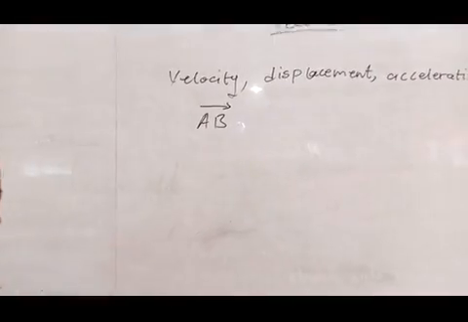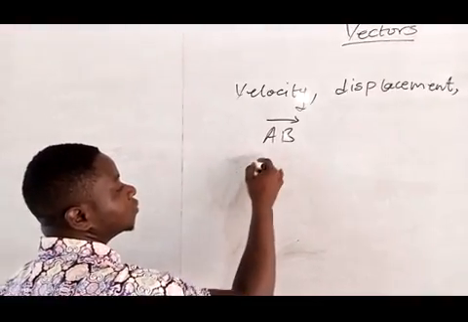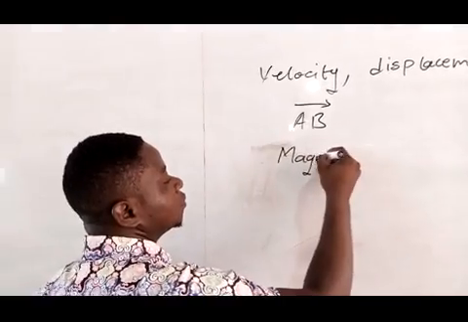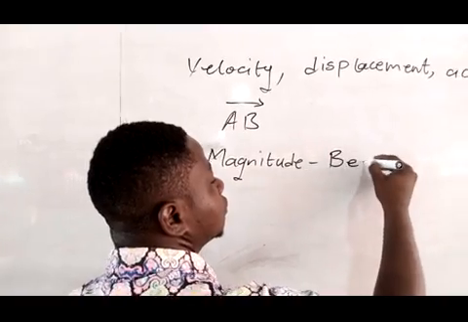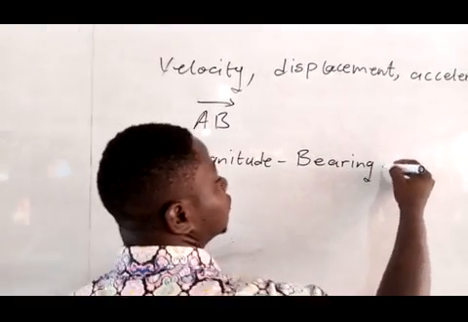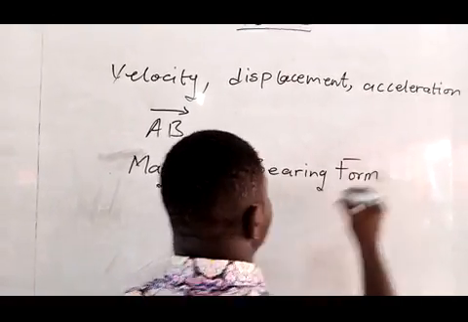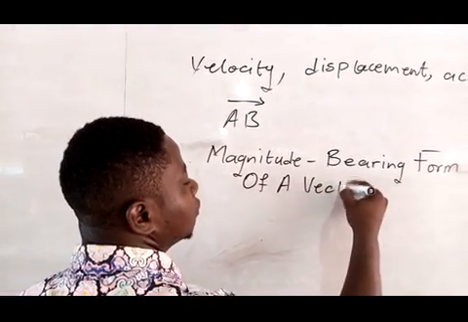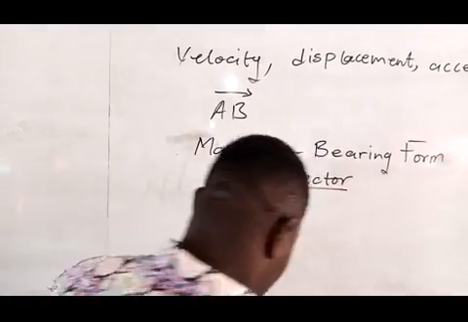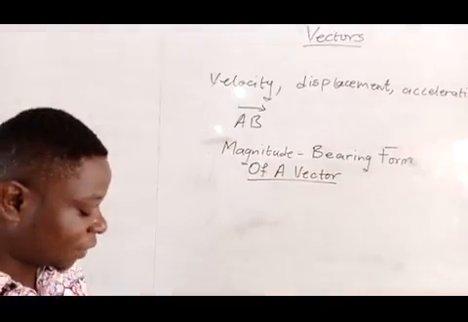We are going to be starting with the magnitude bearing form of a vector.